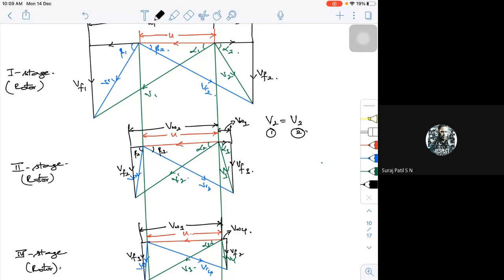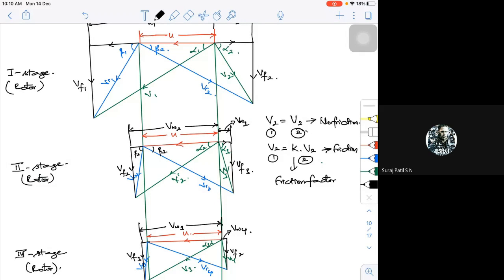That means no friction. Okay, V2 from first stage is equal to some friction factor, let me call that K, into V2 from second stage with friction.